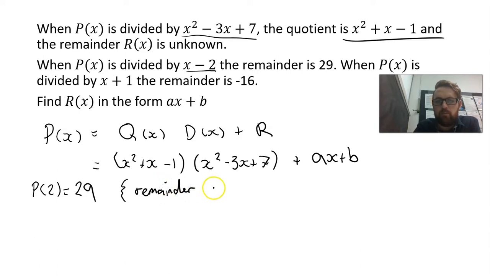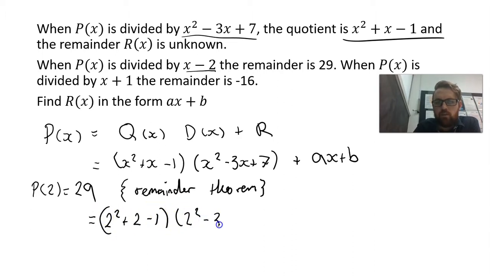If I put my 2 into here, I'm going to get 2 squared plus 2 take 1, times 2 squared take 3 lots of 2 plus 7, plus a times 2 plus b, and that's going to equal 29.